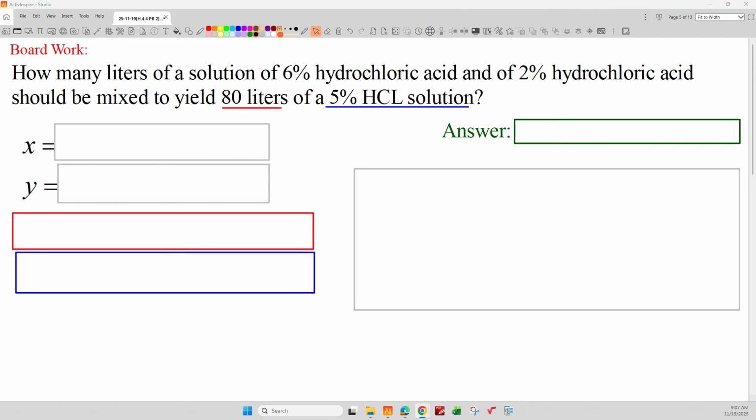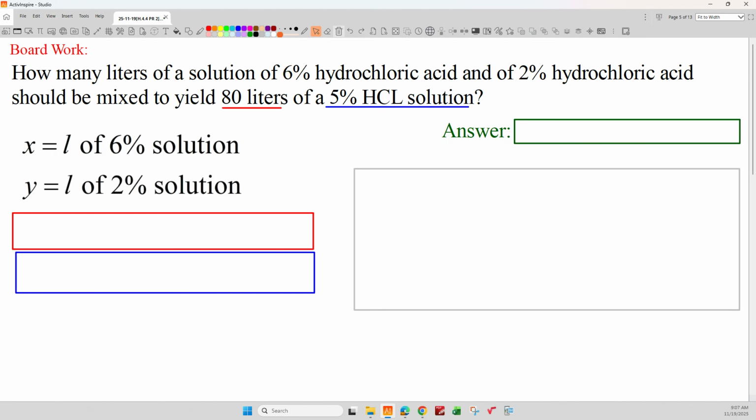Variables are what? Okay, and what would the units, it's good to kind of give me units on the variables. Liters of 6%, so liters of that strong acid, and then liters of 2%.